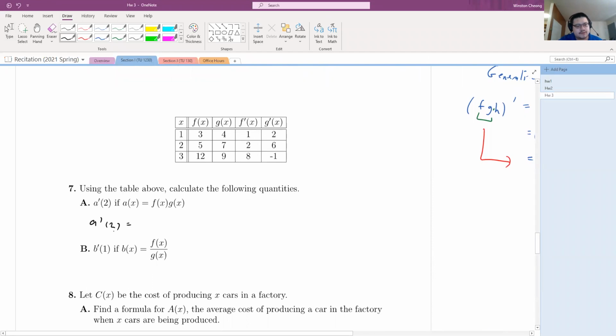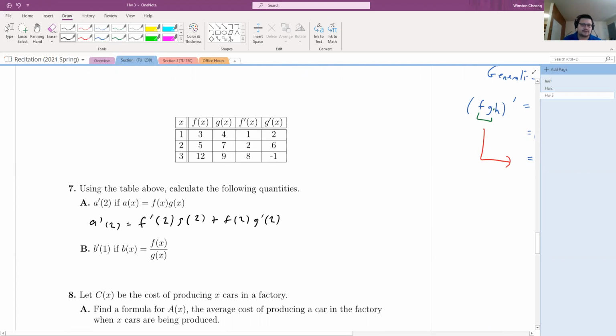All right, I was saying something about this. Right, so taking the derivative of this and then evaluating at 2 is the normal way you would do this, but I'm going to combine the 2 steps in one here. So product rule is going to say f prime g, but we're plugging in at 2, so we may as well just write that. F prime at 2, g at 2, plus f at 2, g prime at 2.